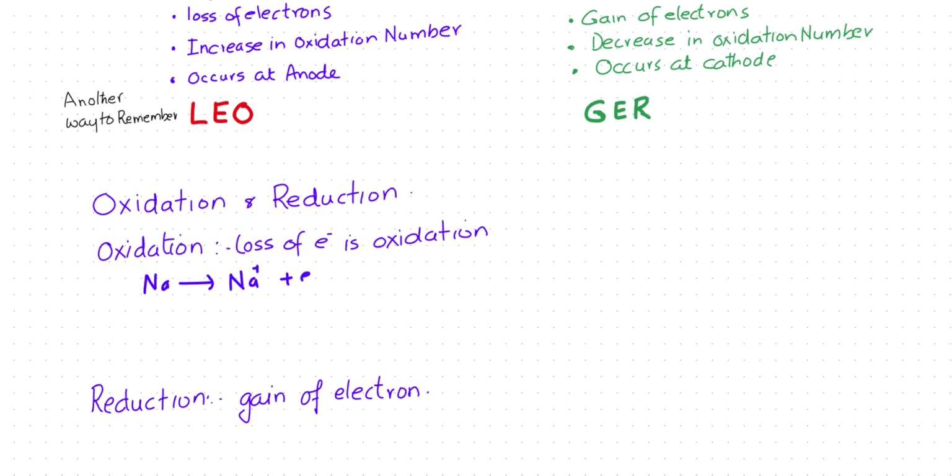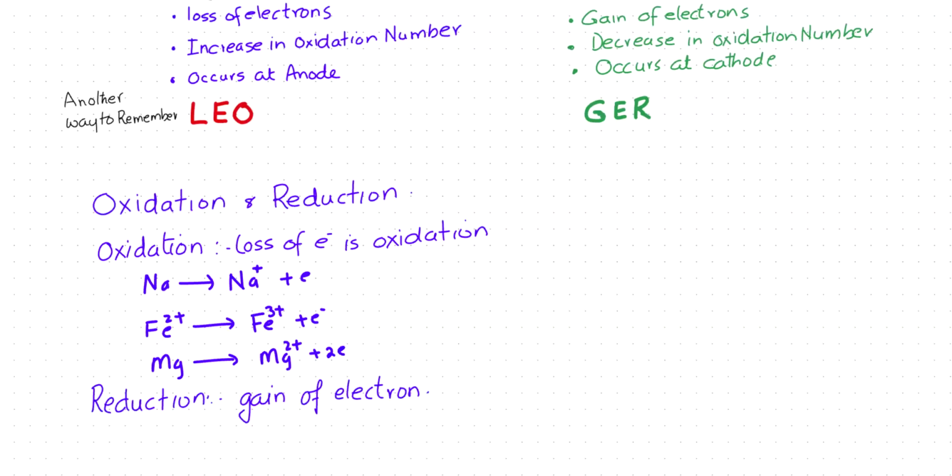Similarly, Fe2 plus, after removing one electron, forms Fe3 plus ion. Similarly, magnesium, after removing two electrons, forms magnesium ion plus two electrons lost. So electrons are always written after the arrow in an oxidation reaction. Each of these ions or elements loses electrons and forms positive ions.